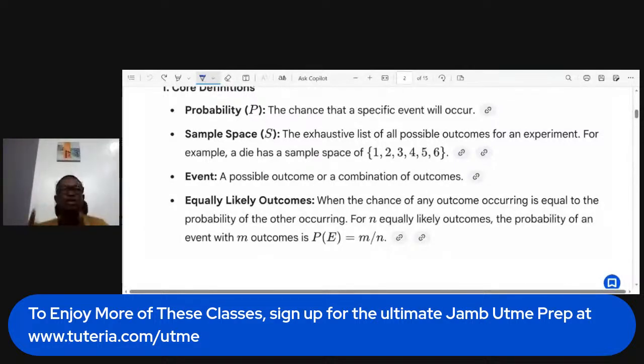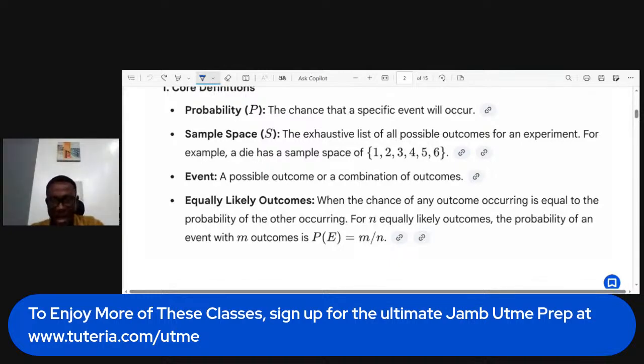So when I toss a coin up, I can either get head or tail, which is 2. So that's the total number of outcomes. So if the question says, what is the probability of getting head when you toss a coin once? How many heads can I see there? 1. It will be 1/2.